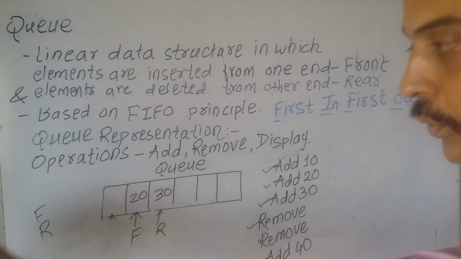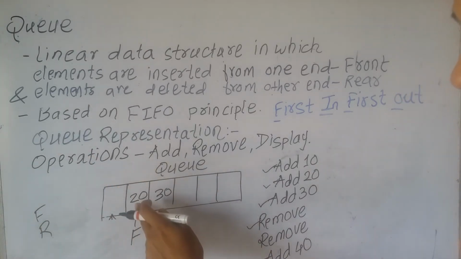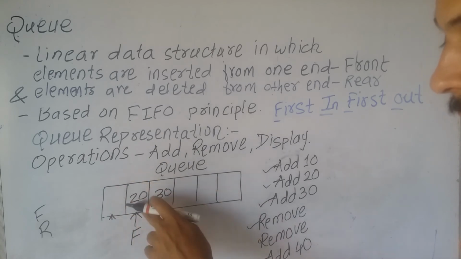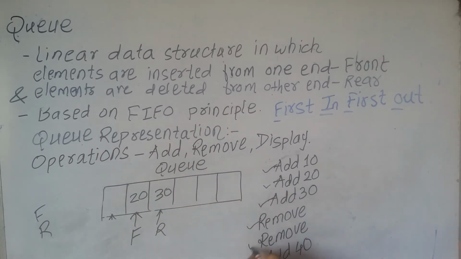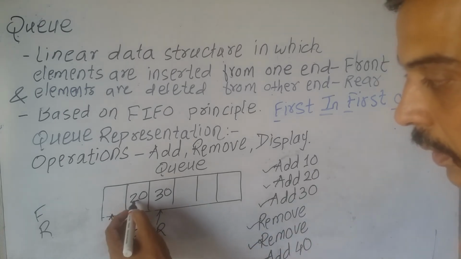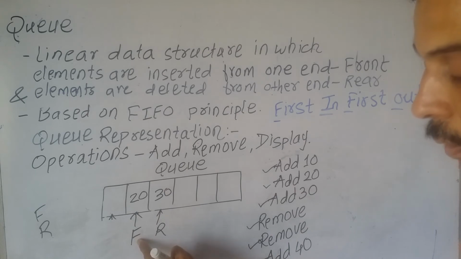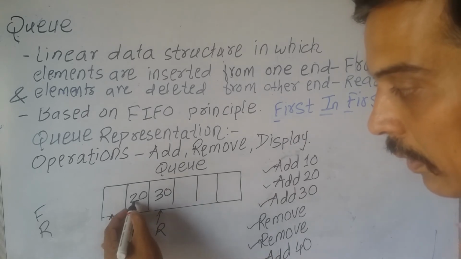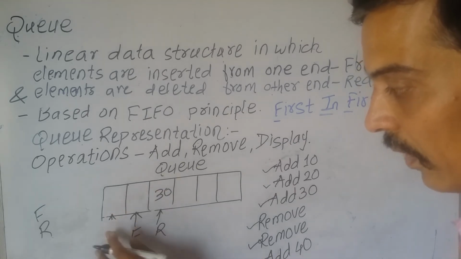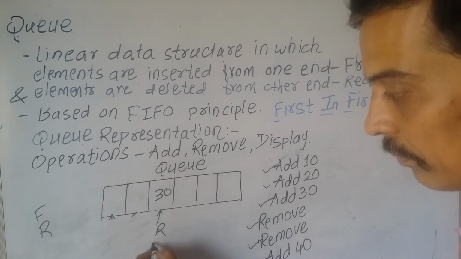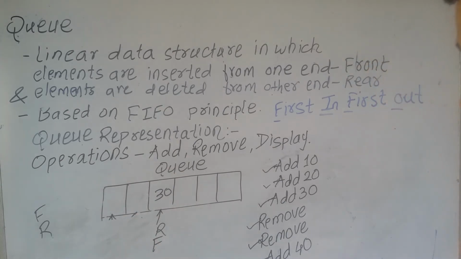The first person goes out, then we give service to the second element. Another operation I am performing is again remove. Remove means we are using the front end for removing the element from the queue, so again the 20 gets removed and the front is moved to the next element.